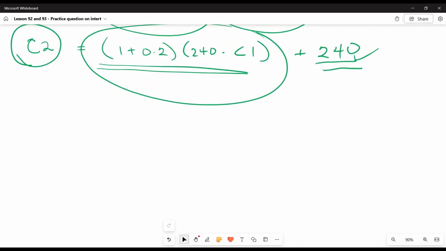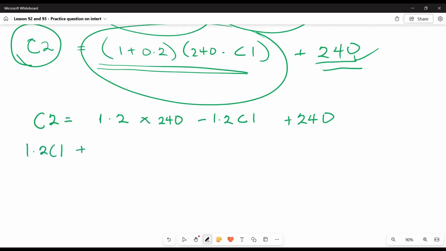So we can rearrange this to get C2 being equal to 1.2 multiplied by 240 minus 1.2 multiplied by C1 plus 240. So again, this can be rewritten as 1.2 C1 plus C2 being equal to 1.2 multiplied by 240 plus 240.